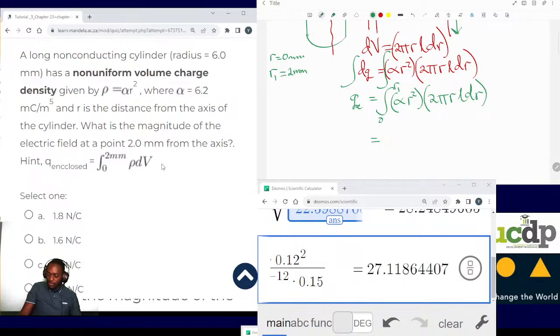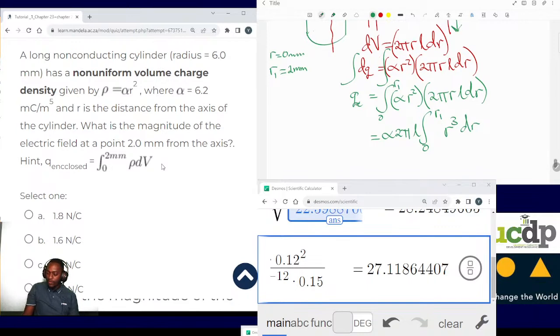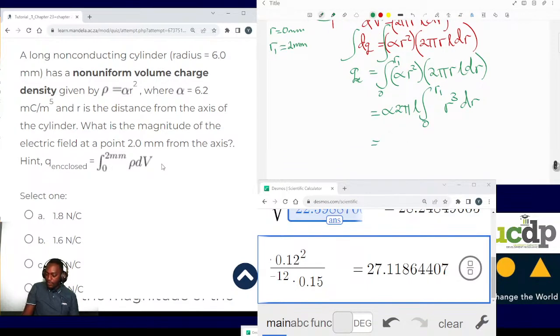So you remain with alpha 2 pi L integral from 0 to r1, and here we've got r cubed dr. Once we've done that, if you integrate that, it becomes r to the 4 over 4, 3 plus 1, yeah, 4, with limits of 0 to r1.